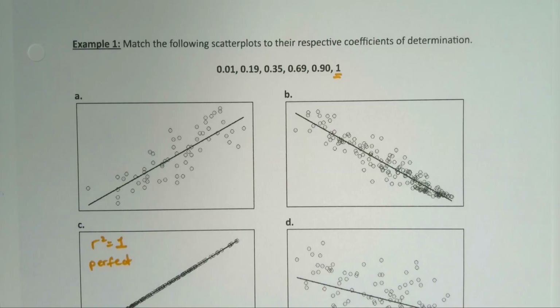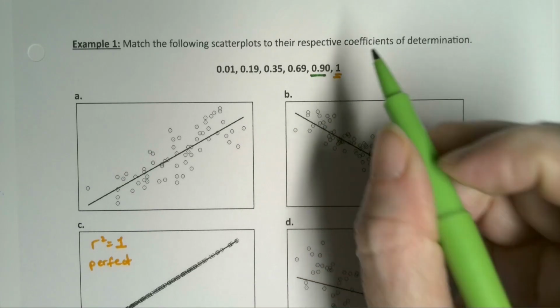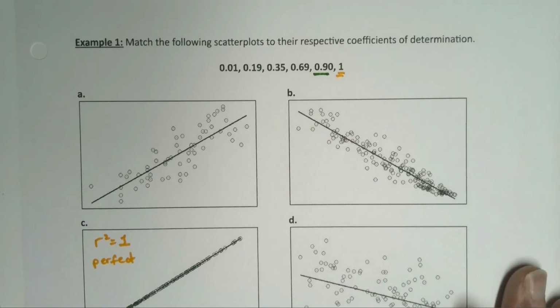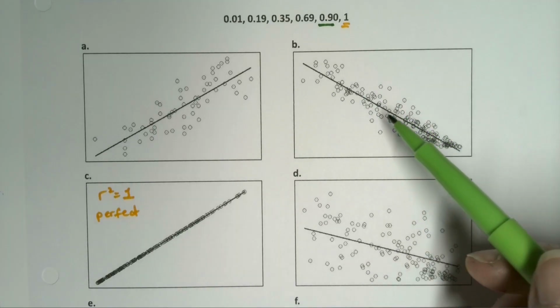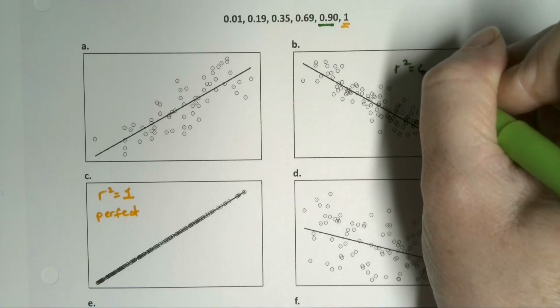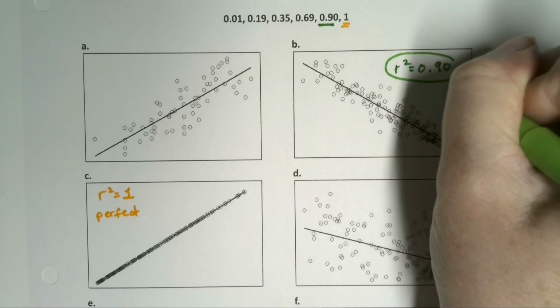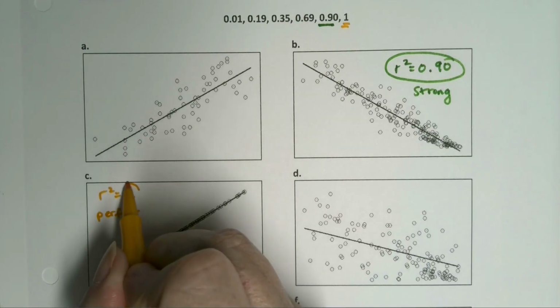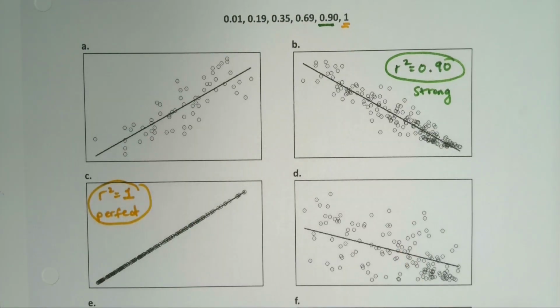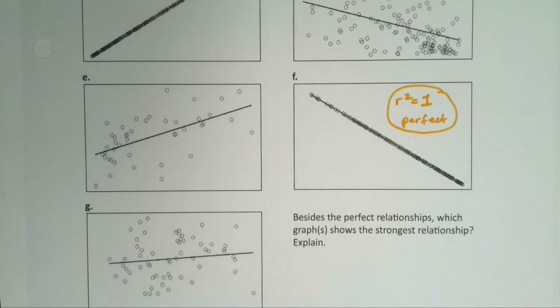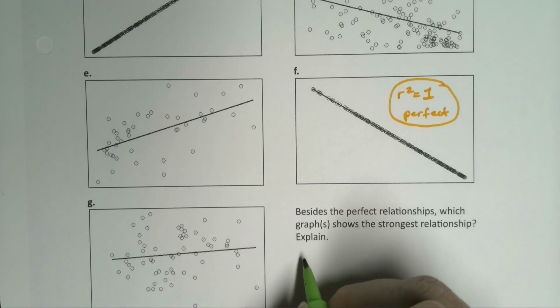r squared does not. All right, what about 0.9? Well, 0.9 is a strong relationship, the strongest relationship out here, where the points are most tightly clustered right here. So this is r squared equals 0.90. Obviously it's not as strong as the perfect relationships, but perfect relationships are not something we run into in statistics as a general rule. They're an algebra class thing, which we actually just answered this question down below.